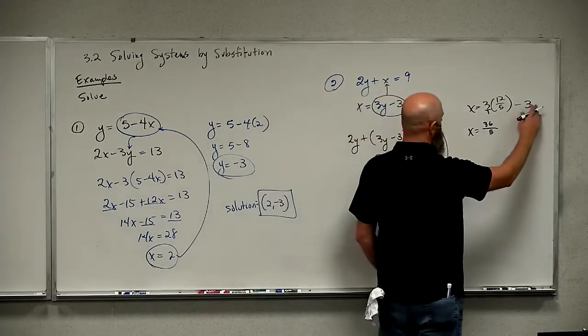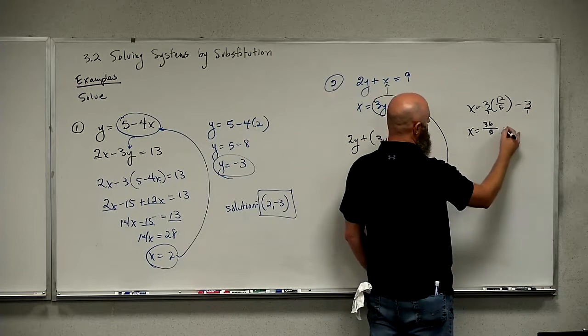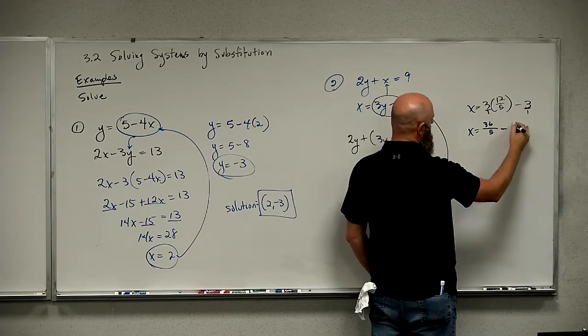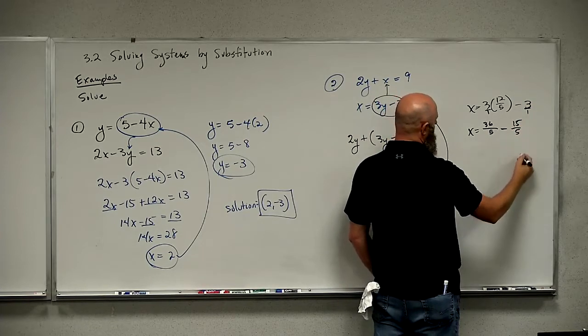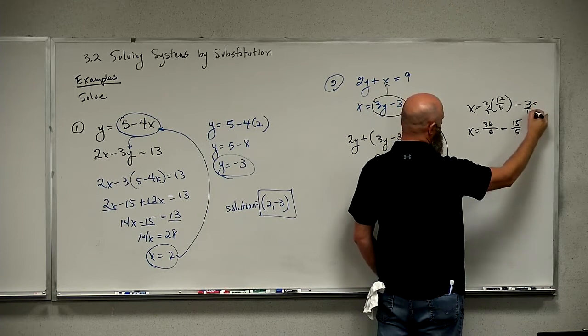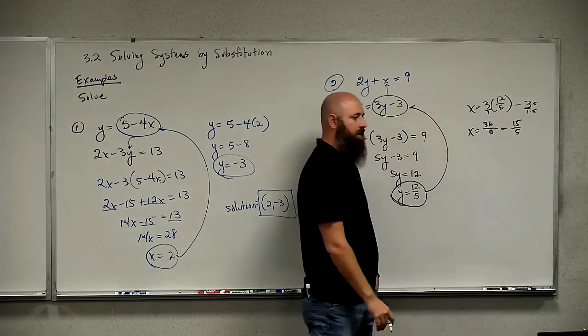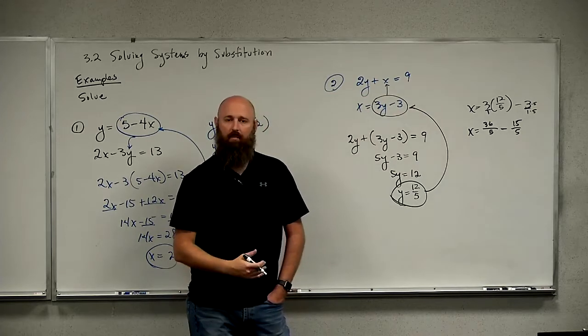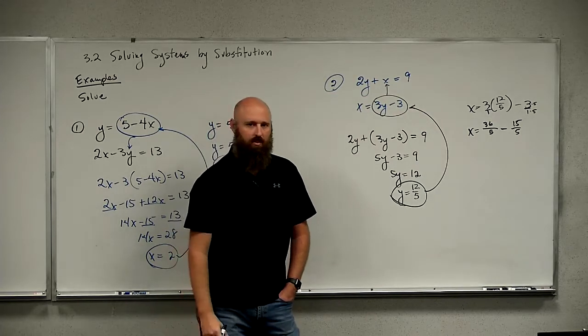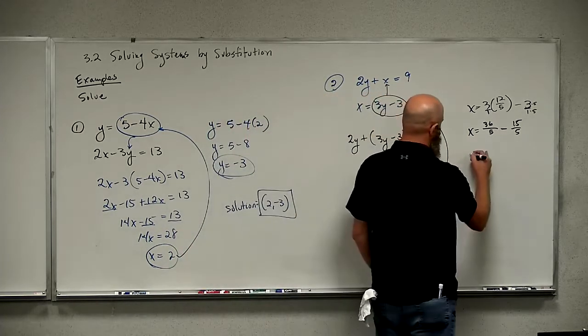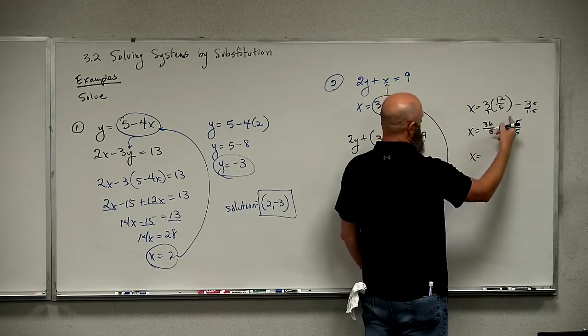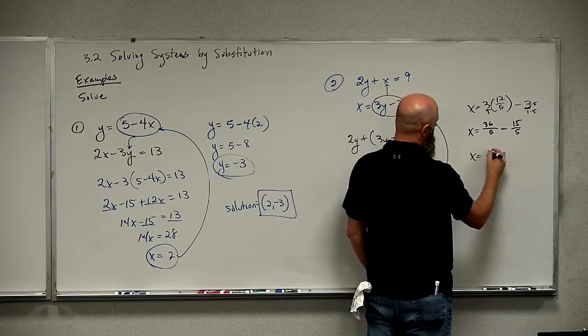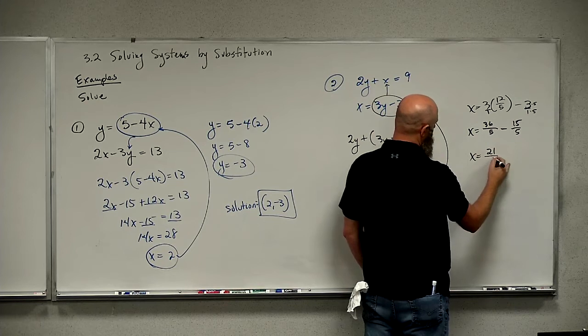I know that this is a whole number, so I'm going to need to change that over to 5s. So it's going to give me 15 over 5. I'm multiplying times 5 there so that I can get a common denominator because I'm subtracting fractions on the next piece. Well, 36 minus 15 is 21 over 5.